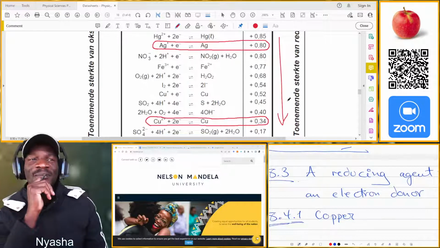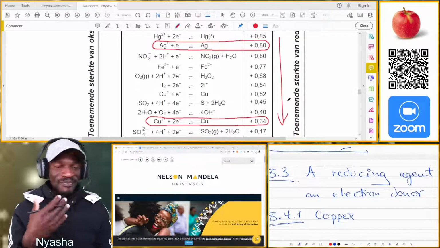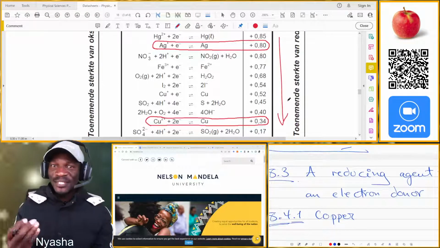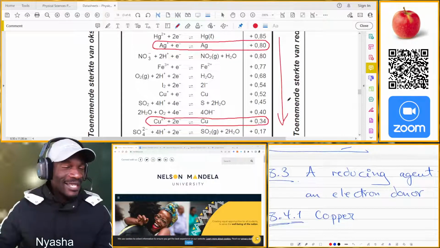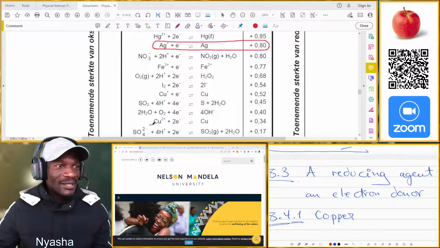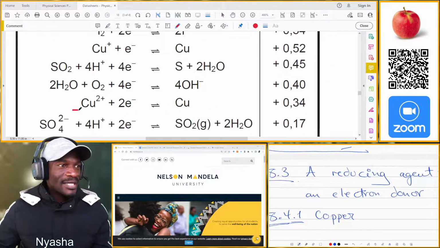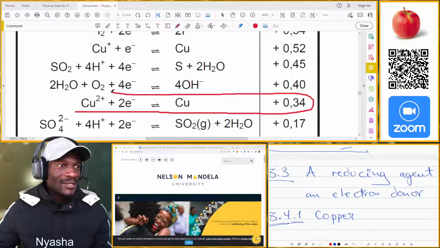How about in terms of the symbol? We said a reducing agent is an electron donor. If it is an electron donor, look at this chemical reaction. In which direction must we consider it in order to donate electrons? We need to look at this reaction from this end.